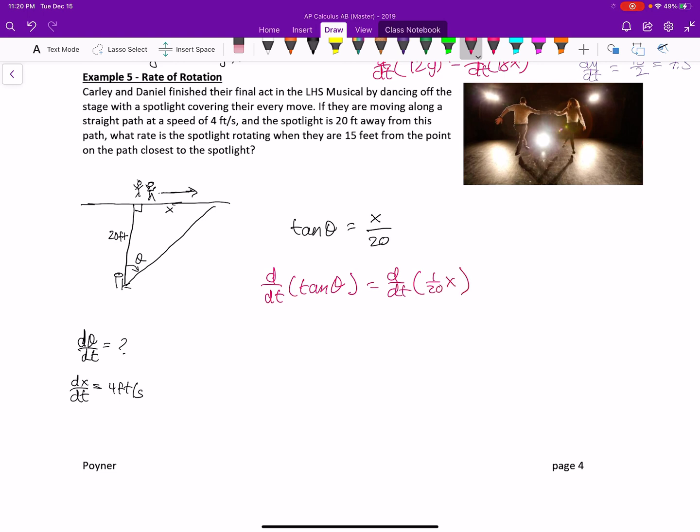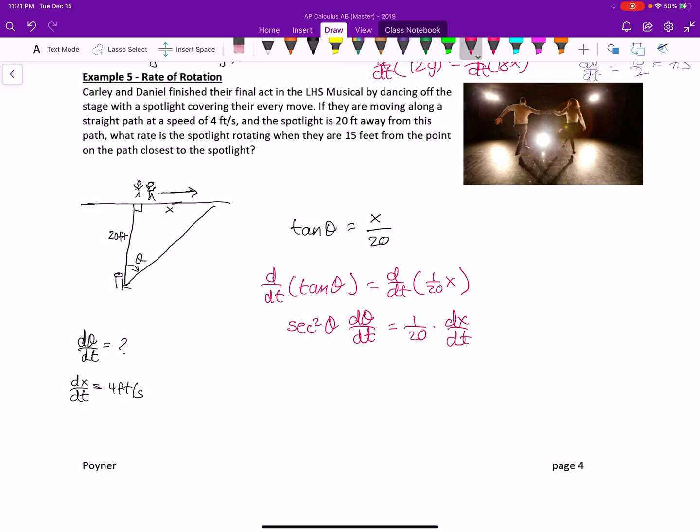On the left-hand side, the derivative of tangent is secant squared θ. Don't forget dθ/dt equals 1/20 times dx/dt.